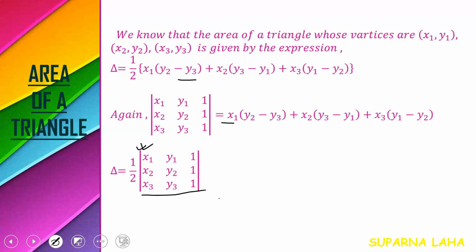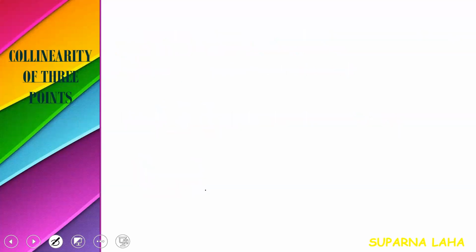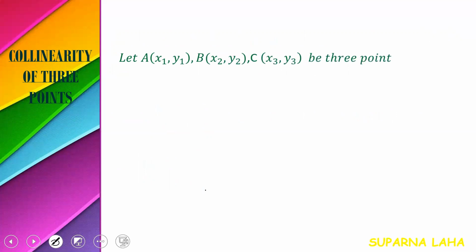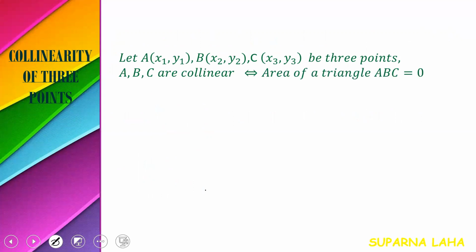Now, whenever we talk about the area of a triangle, we already know that we solved some problems from the geometry portion in class 11, collinearity. If the area of a triangle is 0, then we can say that the points are collinear. So if the 3 points x1, y1, x2, y2 and x3, y3 are collinear, the area of the triangle is 0.